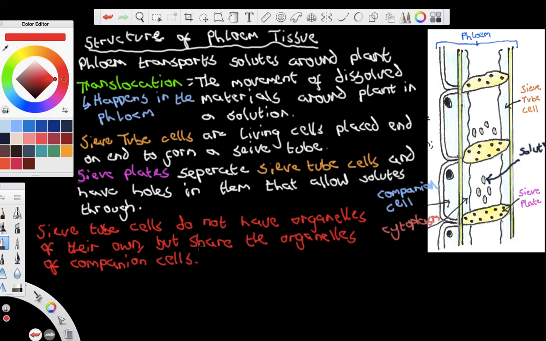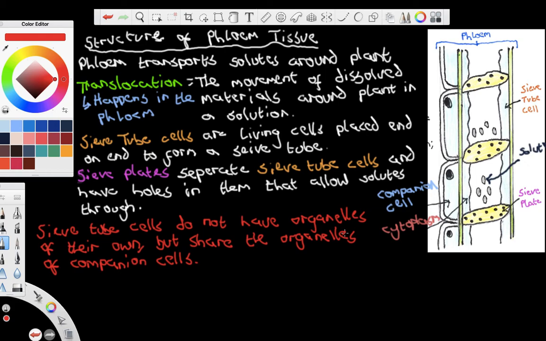So they don't have organelles of their own, but they share the organelles with companion cells. If sieve tube cells didn't have these companion cells, they would die. Okay?